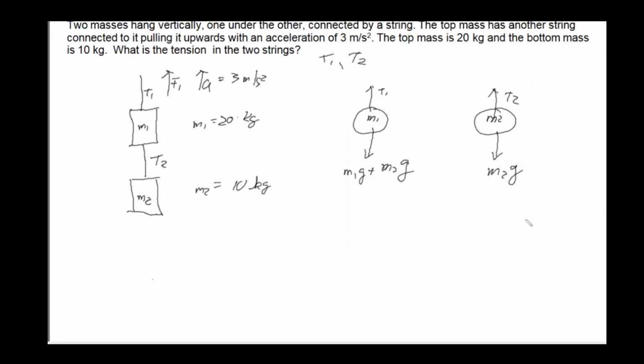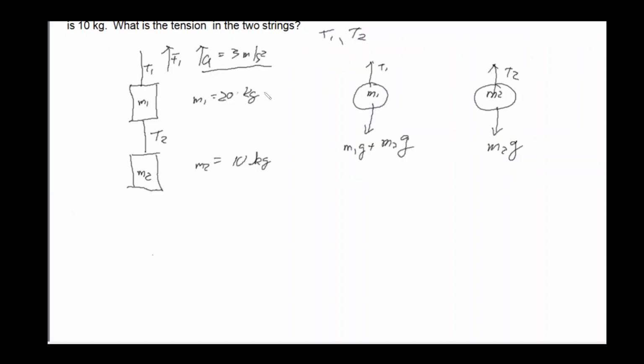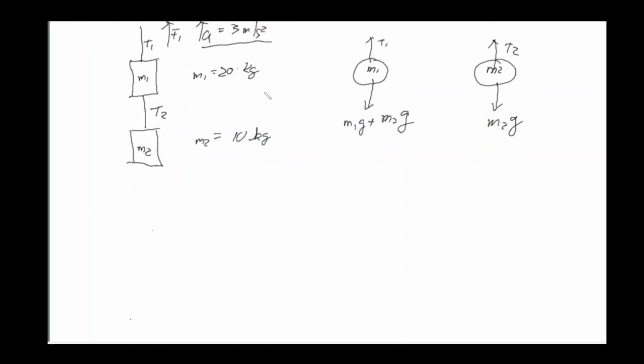So we know that the whole system is accelerating upward with an acceleration of 3 meters per second squared. So let's apply the second of Newton's laws to the entire system.